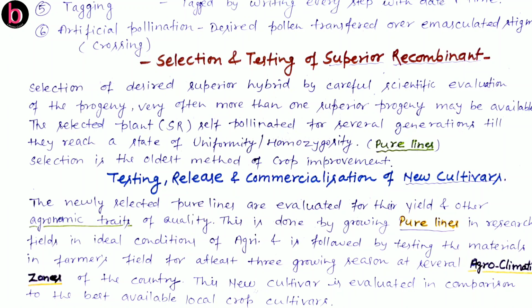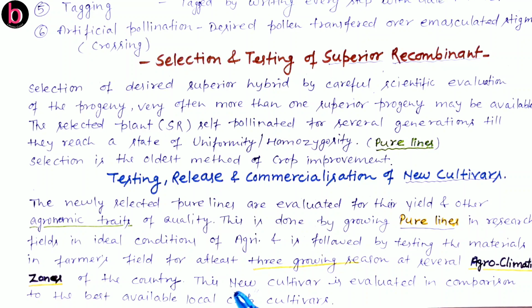The same testing is followed further in farmers' fields for at least three growing seasons at several agroclimatic zones. What are agroclimatic zones? These are specified areas with specific environmental conditions. So we have to test that particular cultivar in all those areas where the plant is growing.